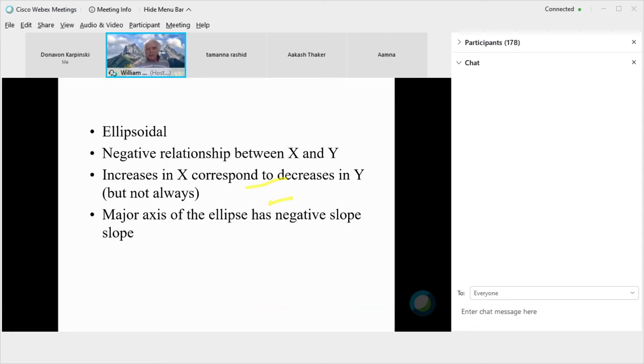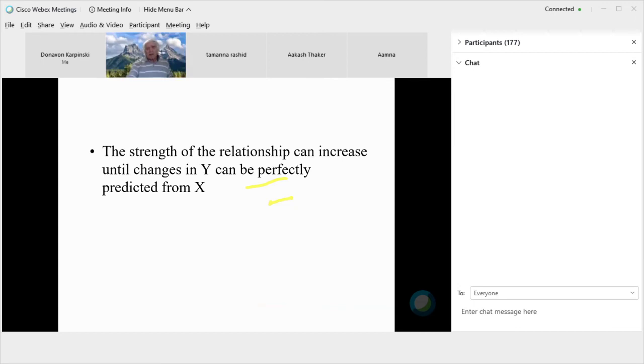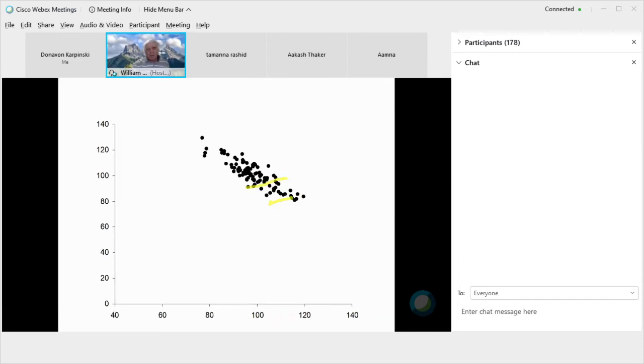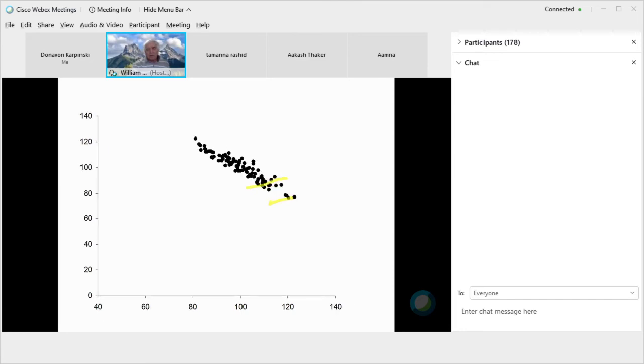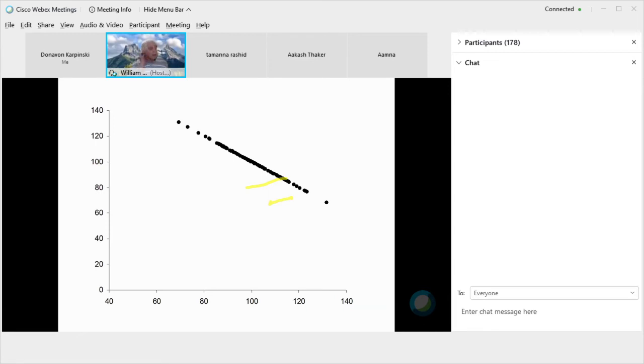The major axis of the ellipse has negative slope. The strength of the relationship can increase. The data become less scattered until the data lies perfectly along a straight line.